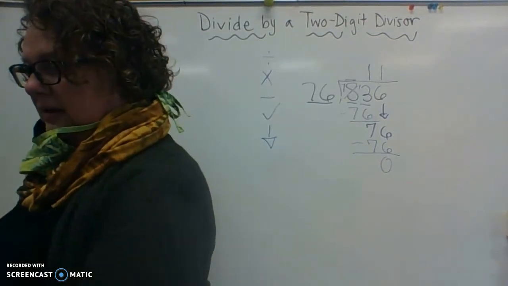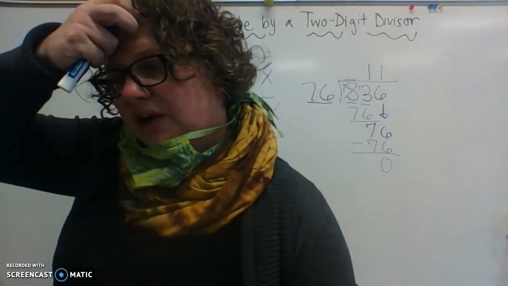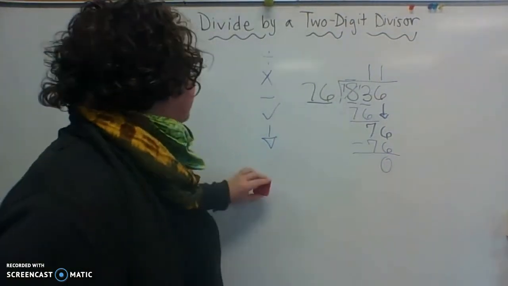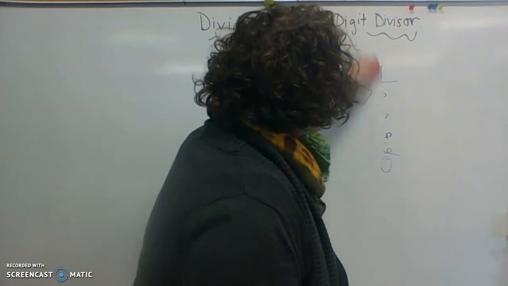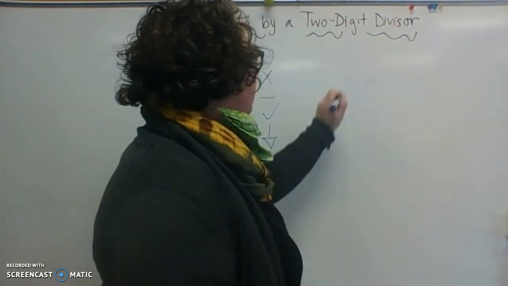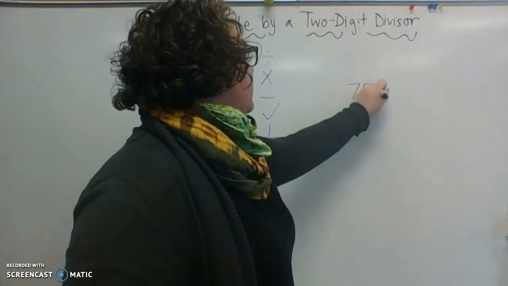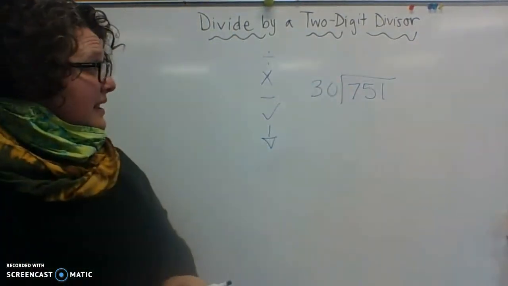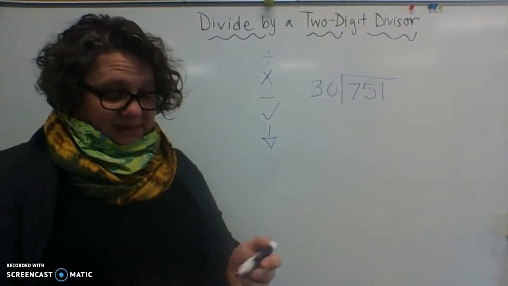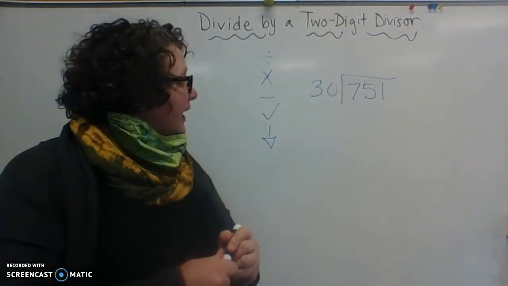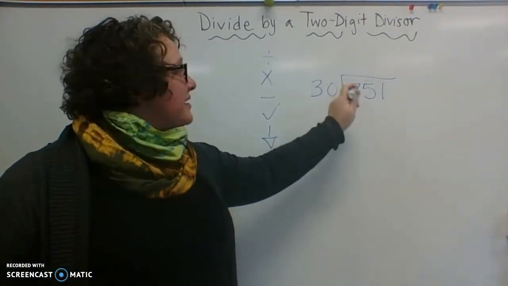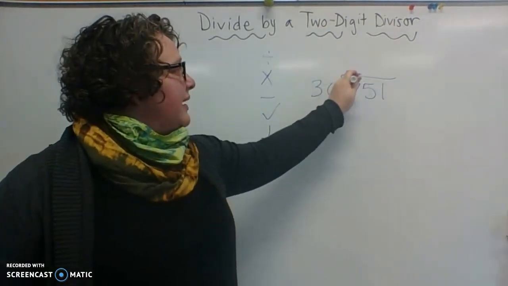is 751 divided by 30. Okay. So I'm going to start out by dividing, and 30 cannot go into 7, so if you want to put your placeholder up there, you can.